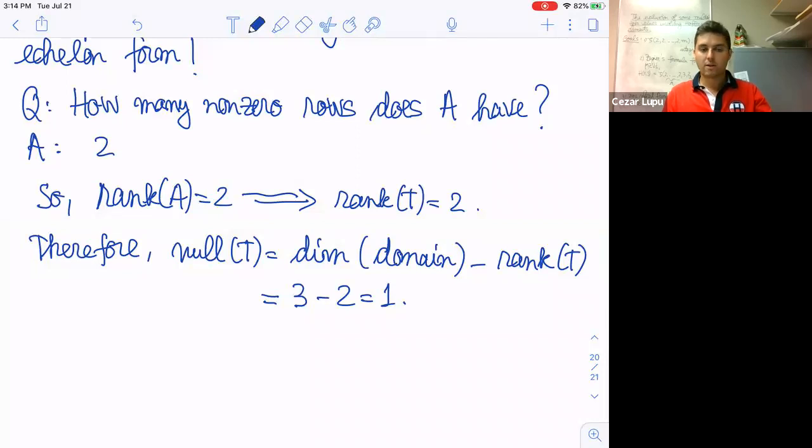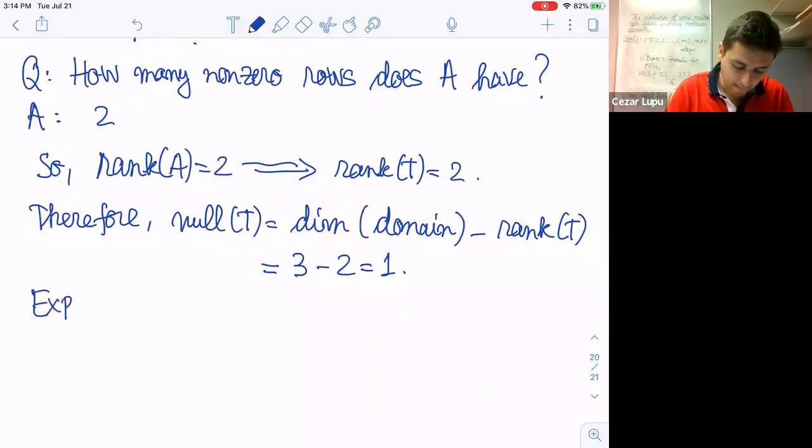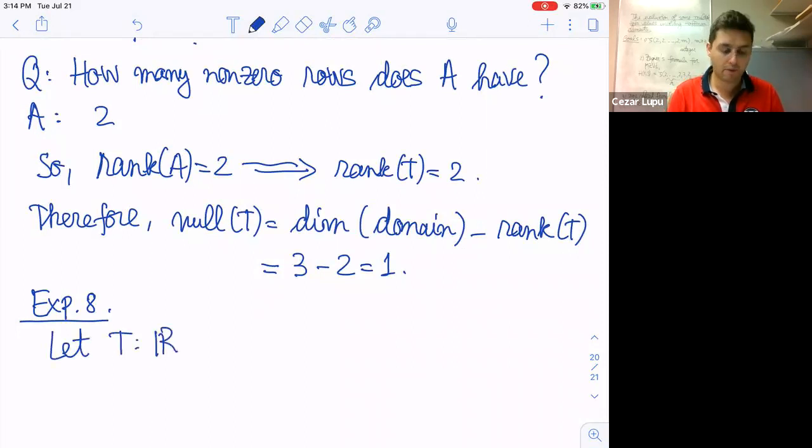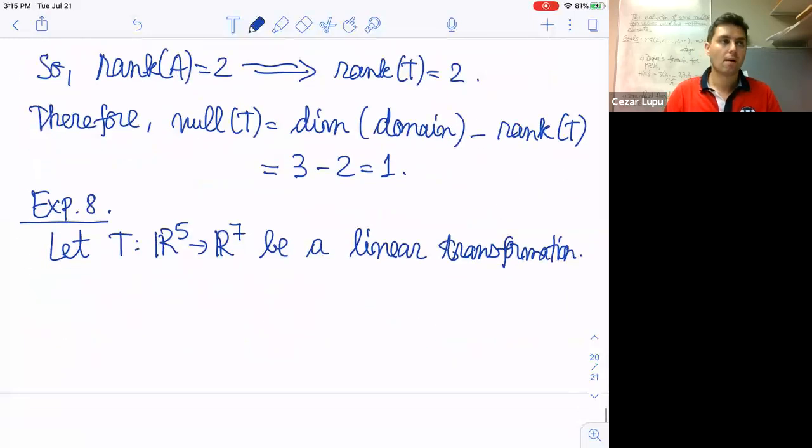So it was very, very easy. Let me do another example, and I think I'll stop here for today. So another example, example 8. Let me do it quickly. And this time, let me consider the following linear transformation from R5 to R7. So this is a linear transformation. And what we want to find is the following.